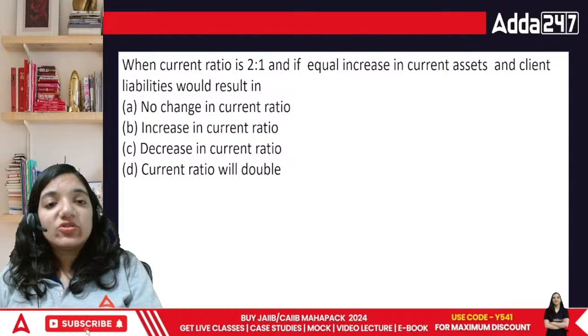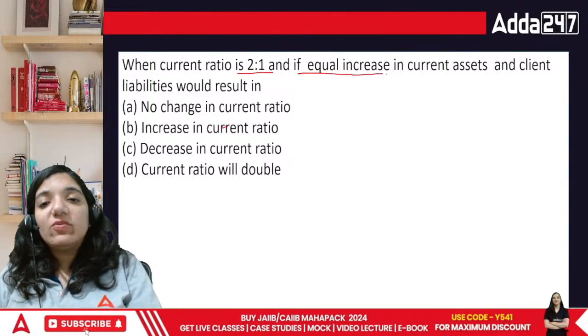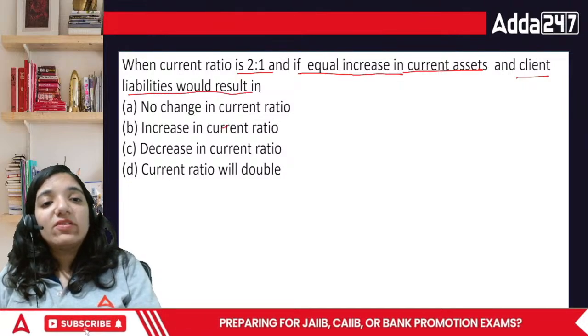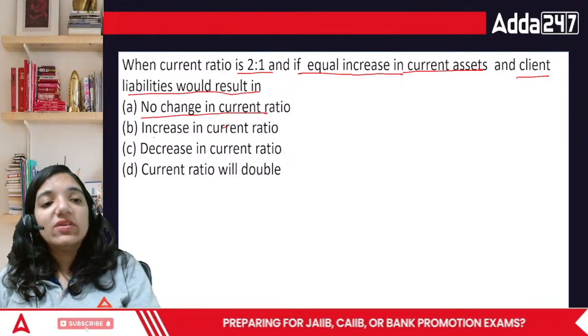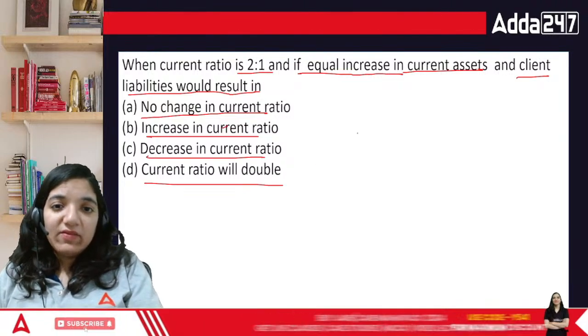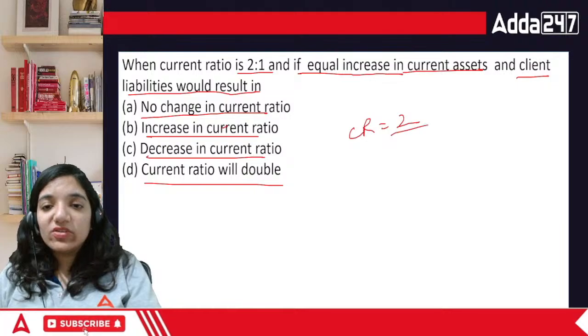When the current ratio is 2:1, an equal increase in the current assets and the current liabilities would result in: no change in current ratio, increase in CR, decrease in CR, or current ratio will double. We are looking at the CR, which is 2:1.